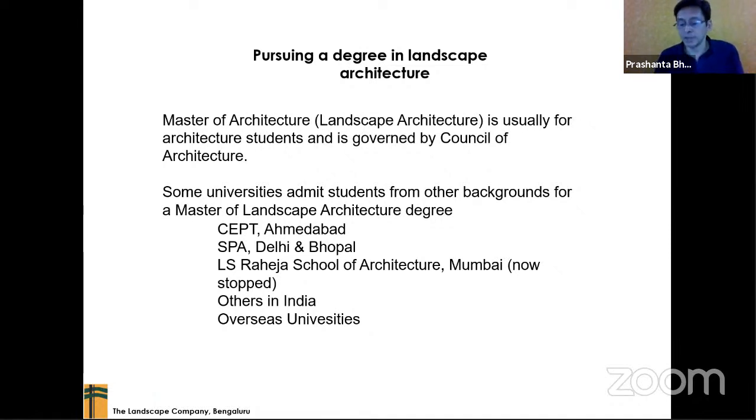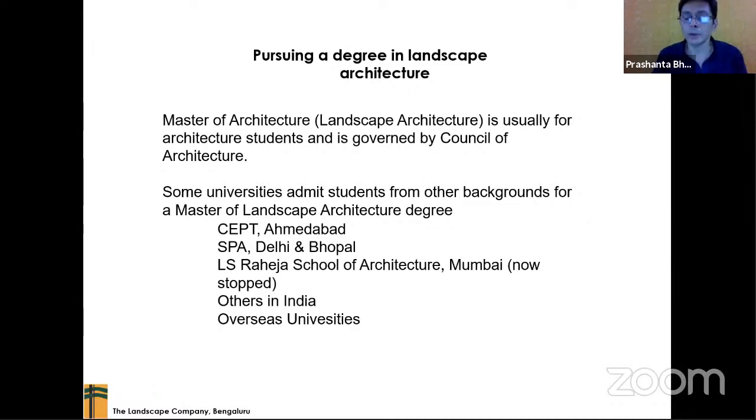And this is mostly for architecture students, and it's governed by the Council of Architecture. Some universities are admitting students from other backgrounds, and you can get a Master of Landscape Architecture degree. These are CEPT Ahmedabad, SPA Delhi and Bhopal, the LS Raheja School of Architecture in Mumbai, and some of the other universities, including in Chennai.